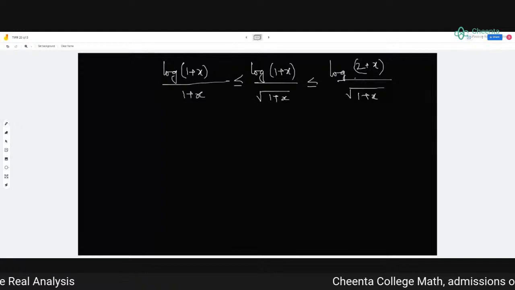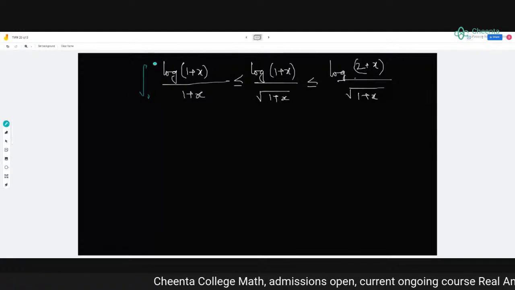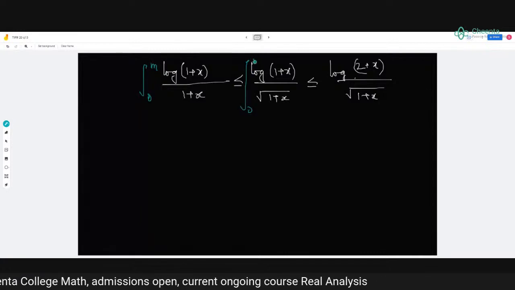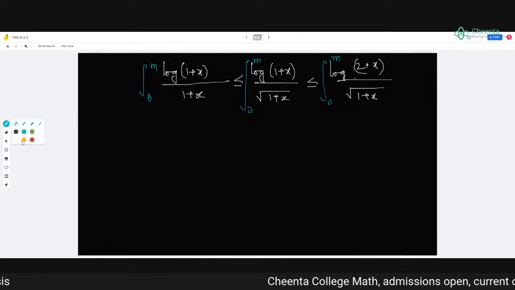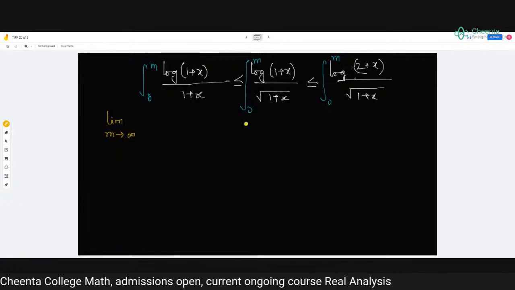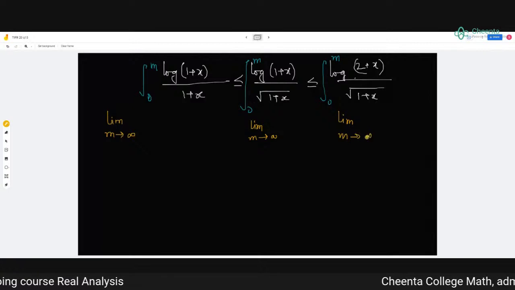As you can see, I now put the integrals from 0 to m on all of these. And what is the last thing to do? To add limits: limit as m tends to infinity.